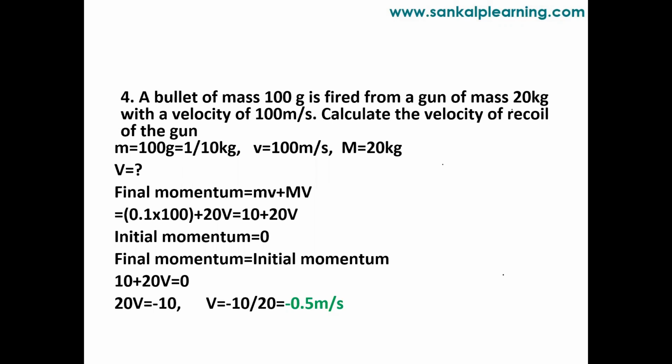So always remember, when the masses are given in terms of grams here, we need to convert it in terms of kg. Okay. So we know the conversion factor, that is 1 kg is equal to 1000 grams. So like that we can do the calculation.